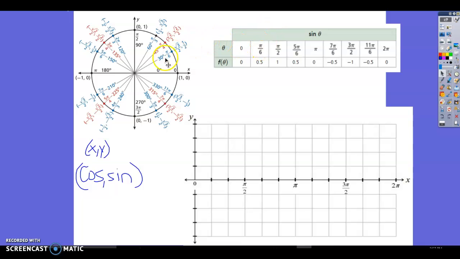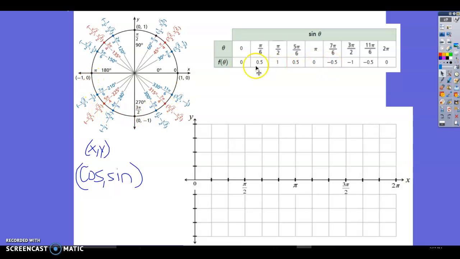And then pi over 6 is my 30-degree angle, so my second value, or my sine function, is 1/2, or 0.5. At pi over 2, that's at 90 degrees, my second value in my ordered pair is a 1, so that's where that came from. At 5 pi over 6, my second value is 1/2. Pi is at 0, and so forth.